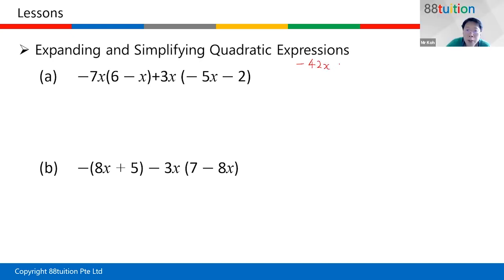Minus 42x plus 7x squared minus 9x. So the answer belongs to A, correct?